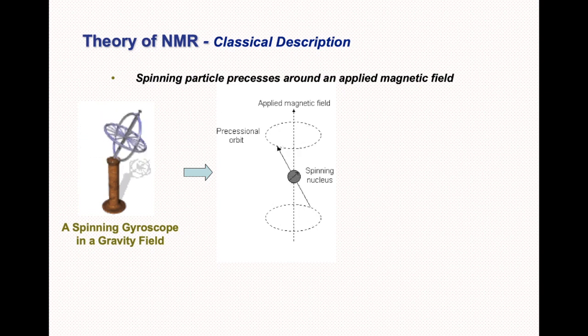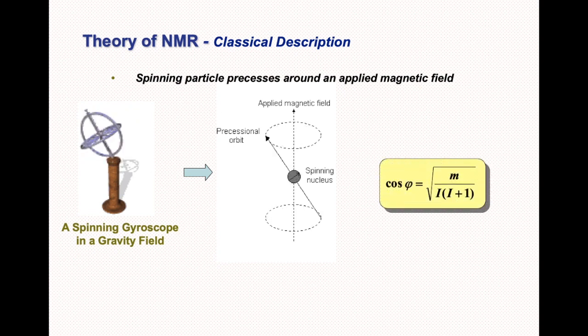This rotational motion has a special name and it is called precessional motion. And in what direction this tiny bar magnet is rotating in space can be estimated by using this particular equation, where theta is the angle at which this particular magnetic vector is making with respect to the applied magnetic field direction.